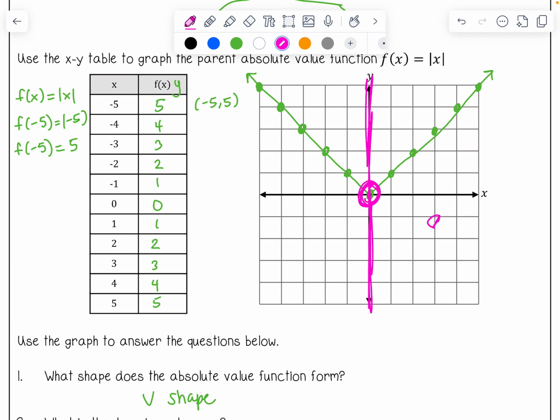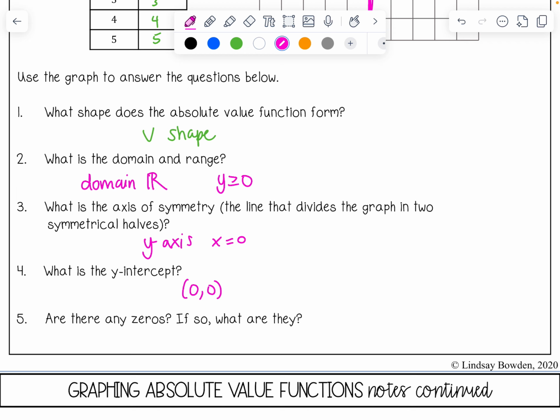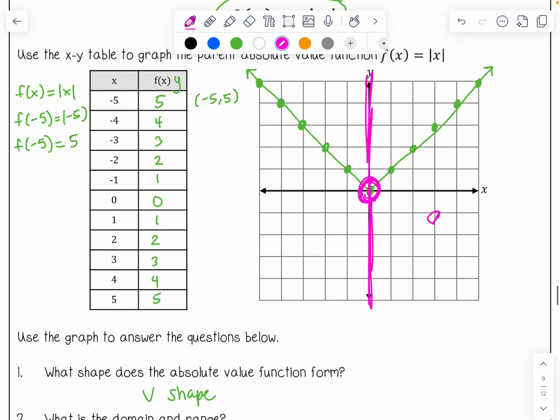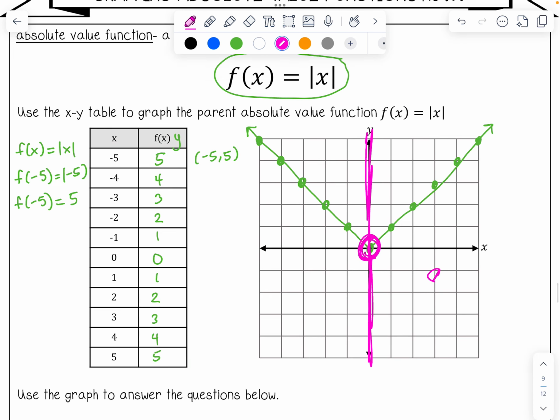Well, it touches right here at 0, 0. And then are there any zeros? So basically, what are the x-intercepts? Well, it touches the x-axis also at 0, 0. So yes, 0, 0. So that's the parent function. That's the basic y equals the absolute value of x.